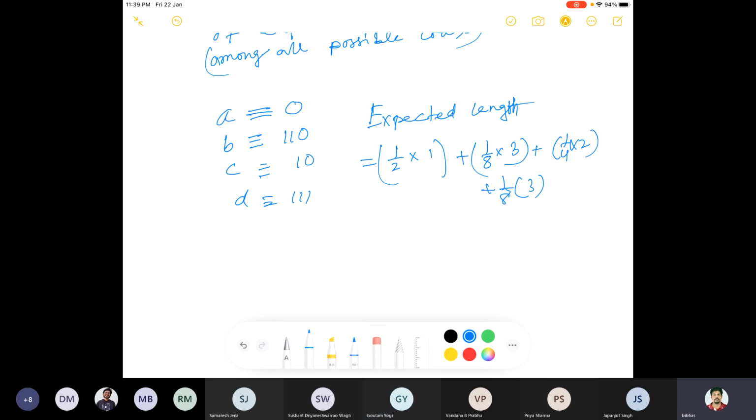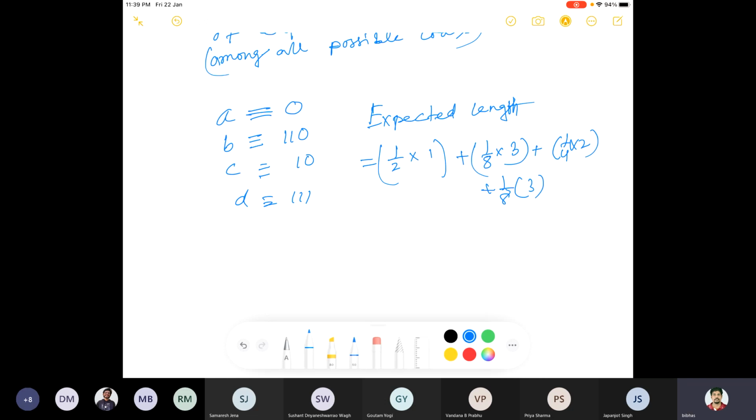Okay, so then half plus 7/8, which is 7/4. 7 by 4, and it is less than 2. It is less than 2 bits. Right? So I can design a code whose average length is less than this, 2 bits.